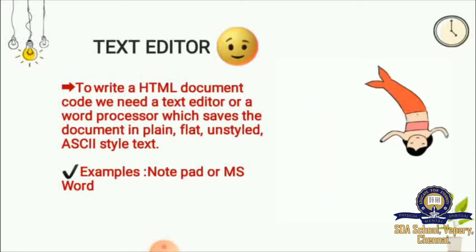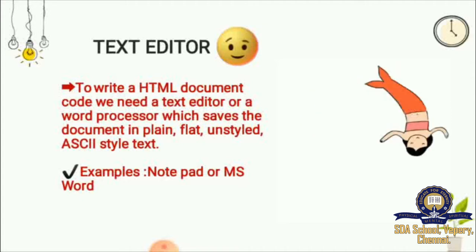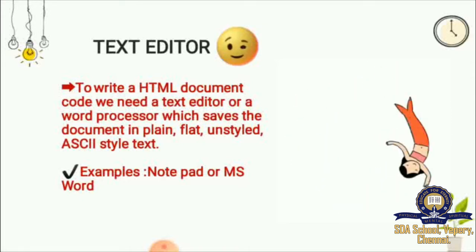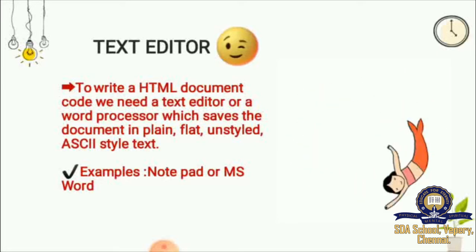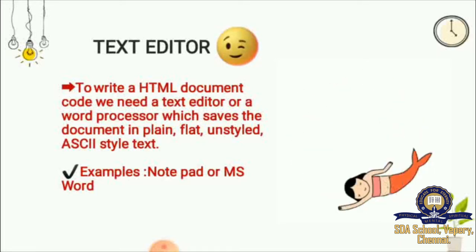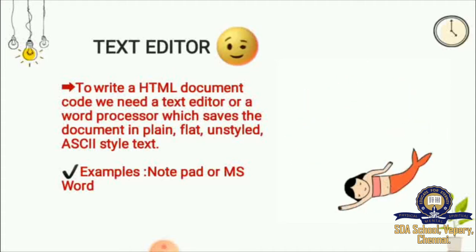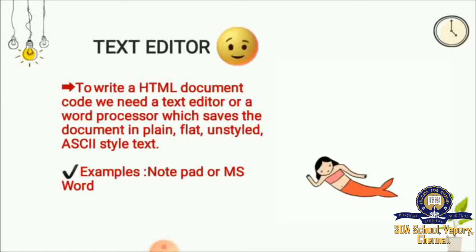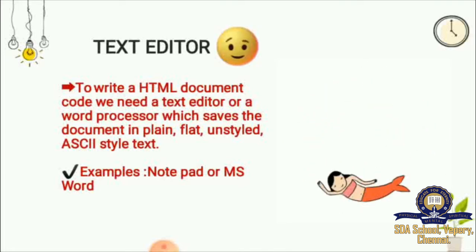A text editor saves the document in plain, flat, ASCII style text. Examples of text editors are Notepad or MS Word. Notepad is a text editor tool in MS Windows, a basic text editing program which enables computer users to create documents.